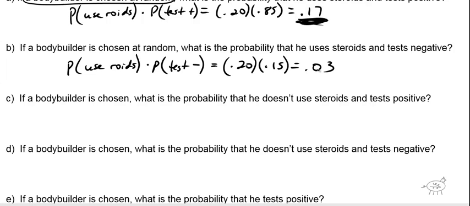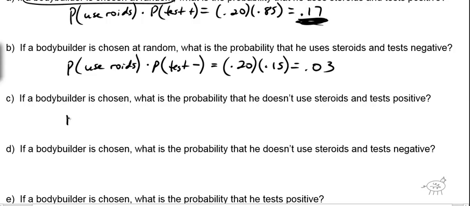So first of all, the probability that you're using steroids in the first place is 20%, and then for the test to be wrong is an even lower probability. That's why it's just 0.03, a 3% chance that the person you'll pick actually uses steroids, but then when they got tested, they tested negative. Doesn't happen very often.